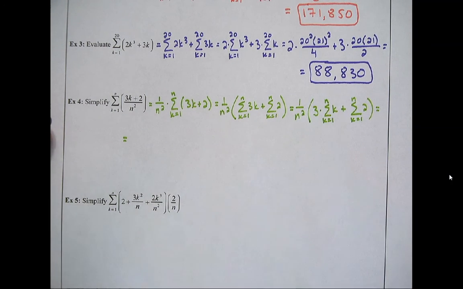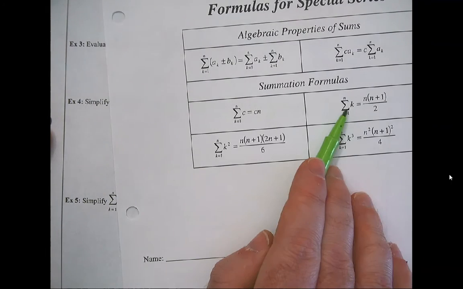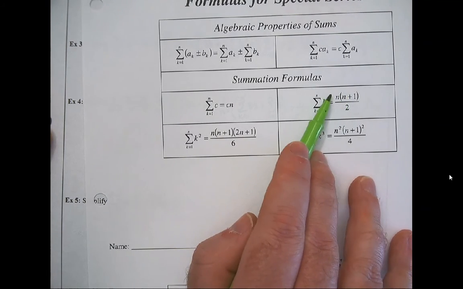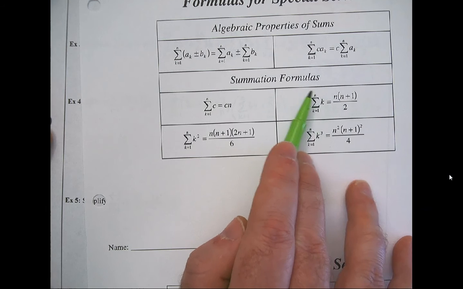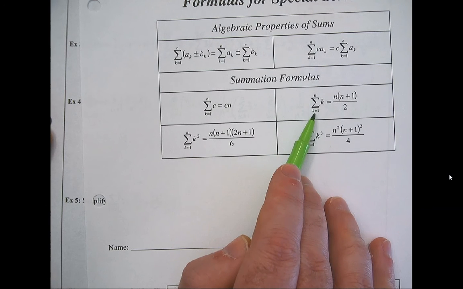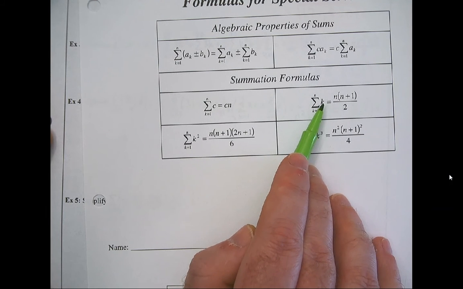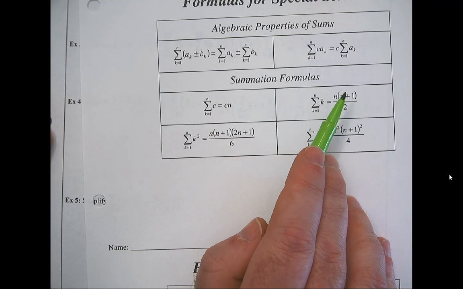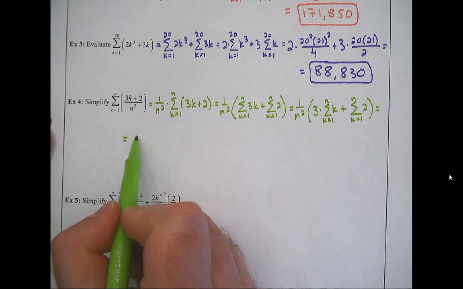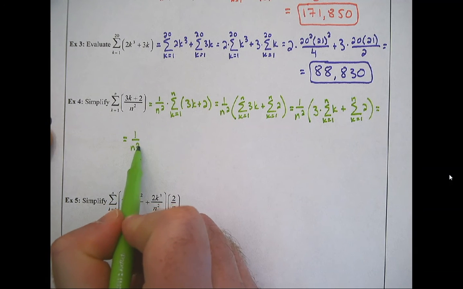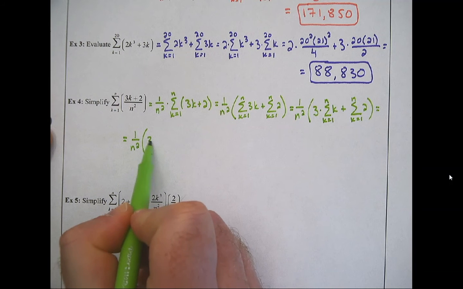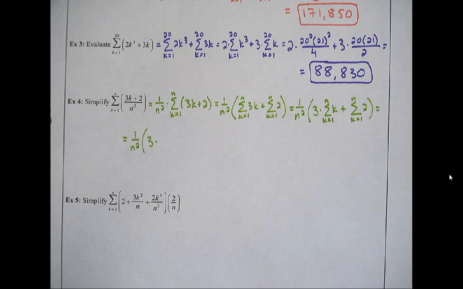So in this case, the sum of k, we have a formula for that. The sum of k is n times n plus 1 over 2. So I'm going to take out the sum of k, and I'm going to replace it with this formula. So I would have 1 over n squared times the quantity of 3 times, and now I'm going to replace that with my formula.